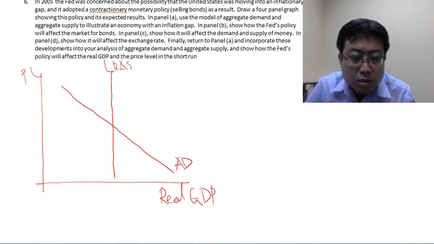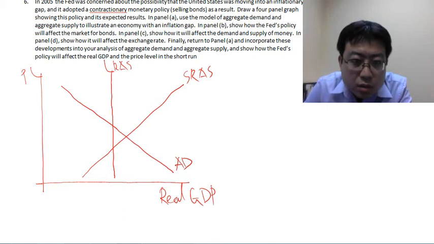And then this one over here will be our short run aggregate supply curve. So this point is our short run equilibrium. For short run equilibrium, we have this gap over here.